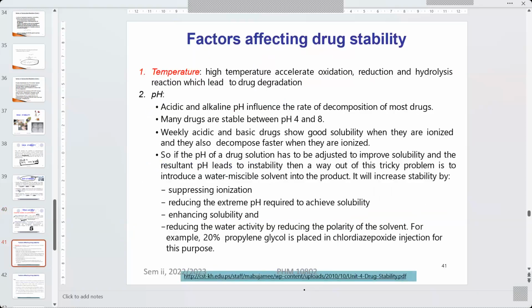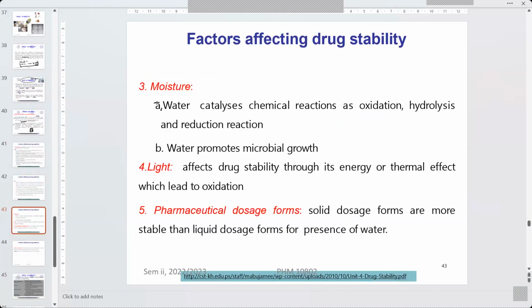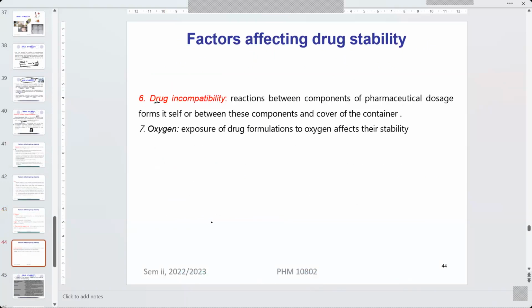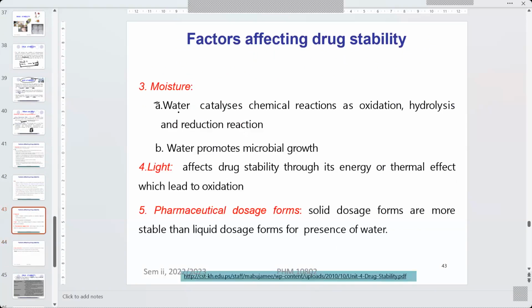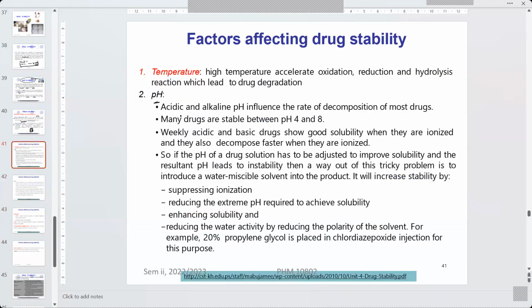So let's go across the factors affecting drug stability. The main factors, as we mentioned, are temperature, humidity or moisture, light, and also the pH of the medium. Also the type of dosage form, and the last is the excipients used, which is drug incompatibility with excipients or the packaging. Talking about temperature, decomposition of the drug is usually a degradation reaction.